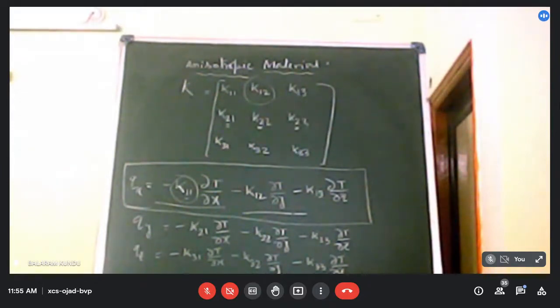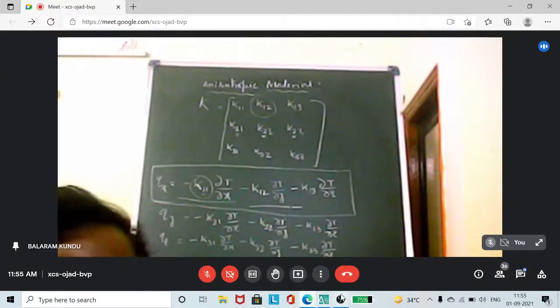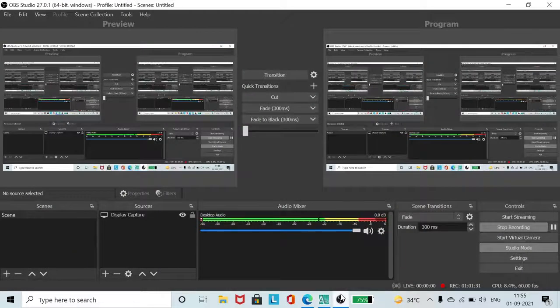First suffix 2 thermal conductivities are responsible to conduct heat in the y direction. First suffix 3 component of thermal conductivities are responsible to conduct heat in the z direction. And mathematical expression is this, and this mathematical expression has been written by applying the Fourier's law of heat conduction.